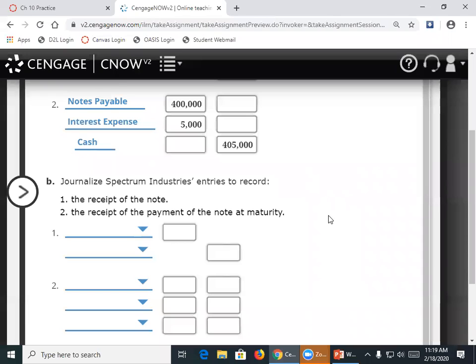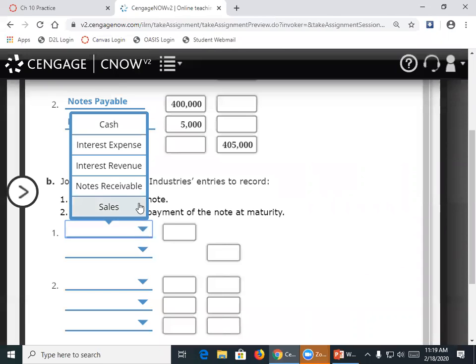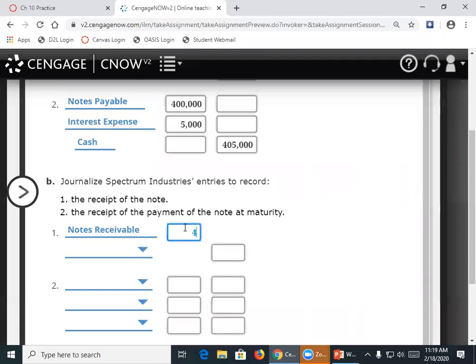Notes receivable and sales. Very good. Notes receivable got debited 400,000, and sales was credited. Now what they're not showing here is that second journal entry where we would recognize the cost of goods sold. They left that off, but just know that that would be there too.